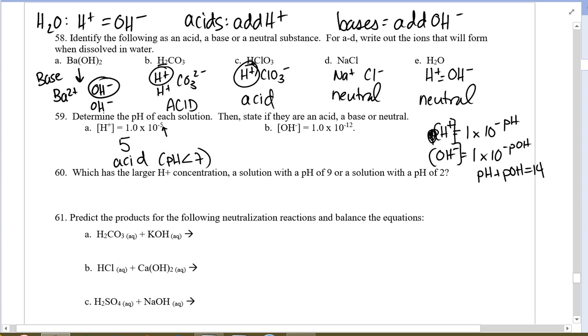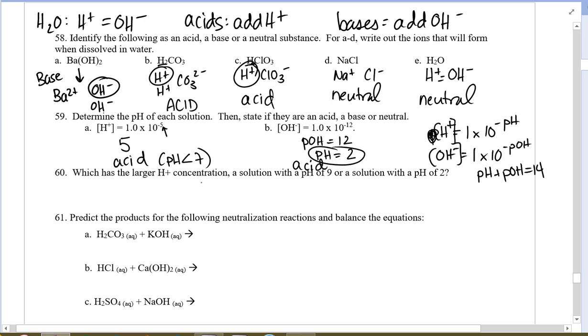Here I've got a hydroxide concentration, so that number 12 is actually the pOH, and I can use pH plus pOH equals 14 to tell me that the pH of this substance would be 2. This is also going to be an acid because the pH is below 7. So we're trying to judge whether something's an acid, base, or neutral. Make sure you're looking at the pH and not the pOH. So read the problem carefully.